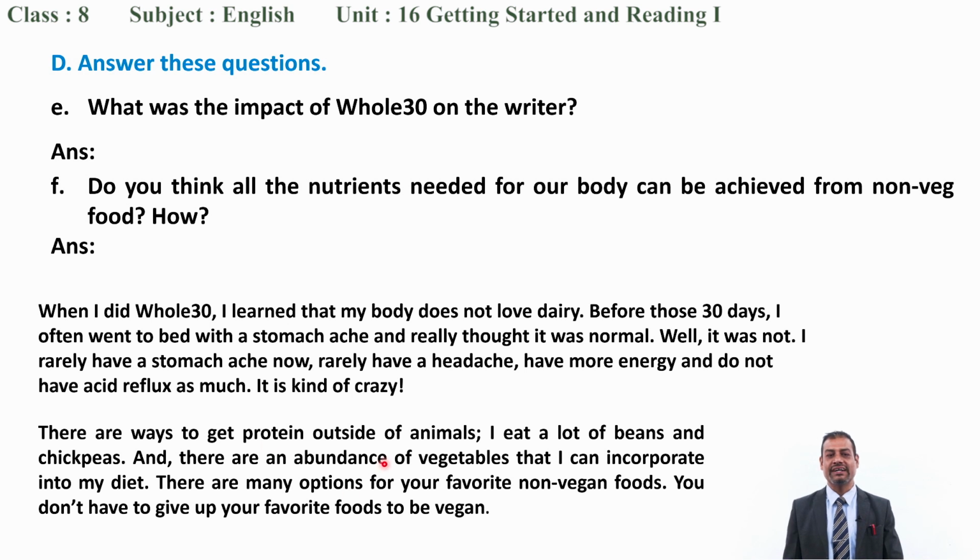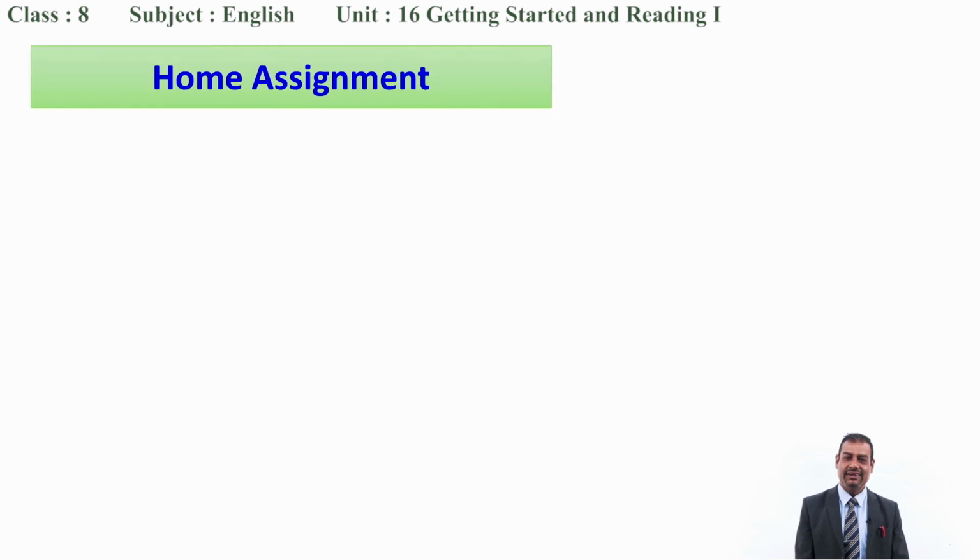Okay. So, question E, what was the impact of Whole30 on the writer? F, do you think all the nutrients needed for our body can be achieved from non-veg food? How? You can find question E in this paragraph and question F in this paragraph. Is that clear? Good job.